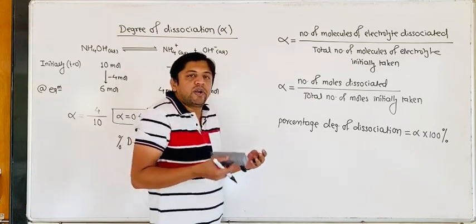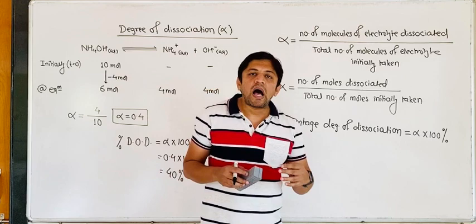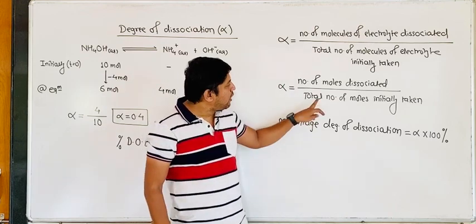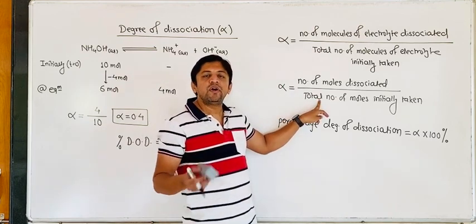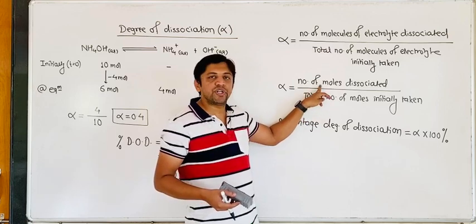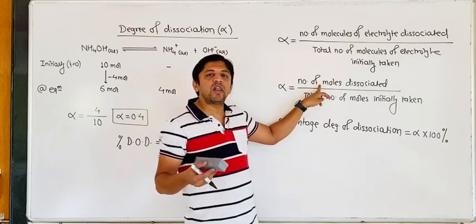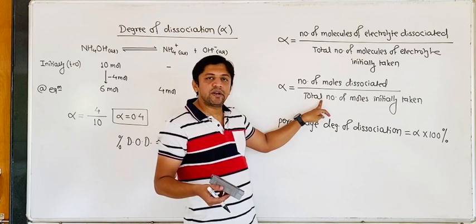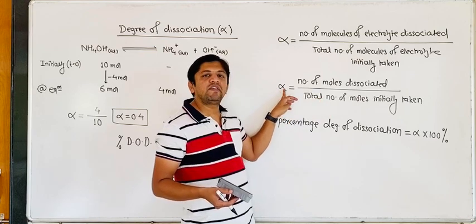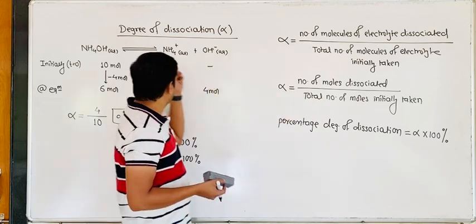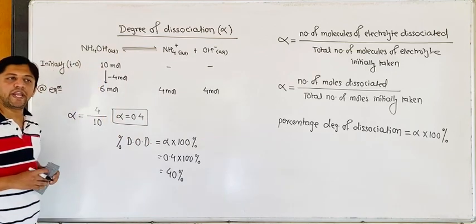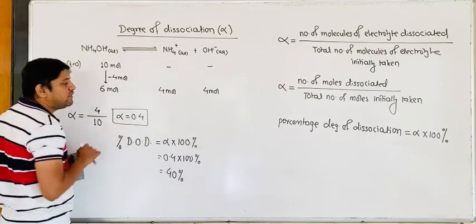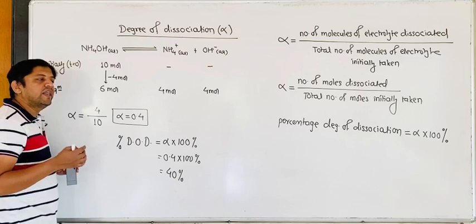Less tendency to undergo dissociation or ionization process means all the moles initially taken would not undergo dissociation. That means numerator is always smaller than denominator. Hence, value of alpha is always less than 1 for a weak electrolyte like NH4OH. Alpha is 0.4. That means it is less than 1.